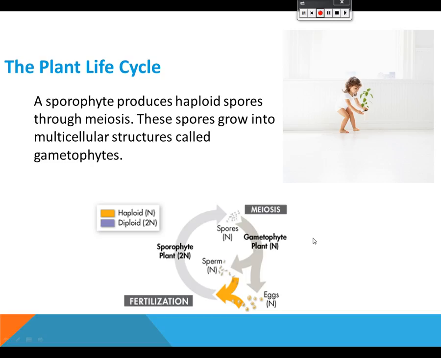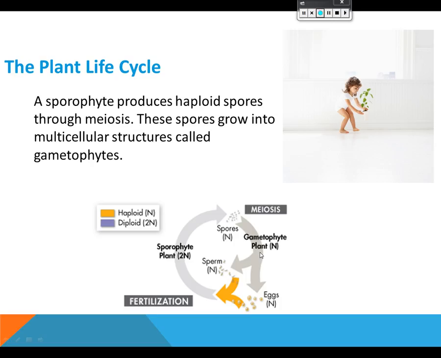Okay, the sporophyte produces the haploid spores. Remember, just like cell reproduction in us, you get the diploid cell that produces the 4 haploid cells, those germ cells in us. Same thing in a plant. The sporophyte produces the haploid spores through meiosis, and those spores are going to eventually grow into those multicellular structures called the gametophytes.